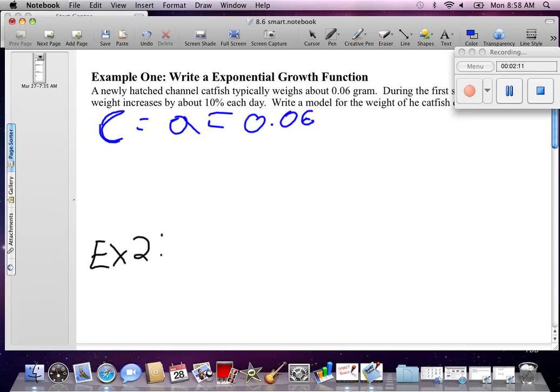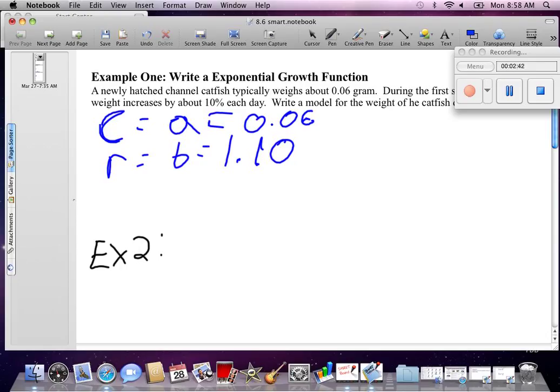R or B is what? What is the rate? What is the percentage on here? 10%. And remember, we're going to change it into a decimal, but we're also going to put a 1 in front of it, because B is always adding 1 to it. So 1.10. Changing the 10% to a decimal, and remember, B is always adding 1 to it.